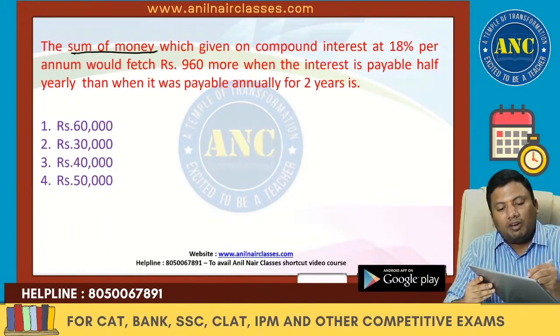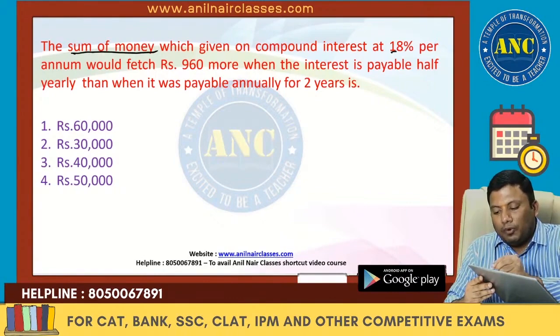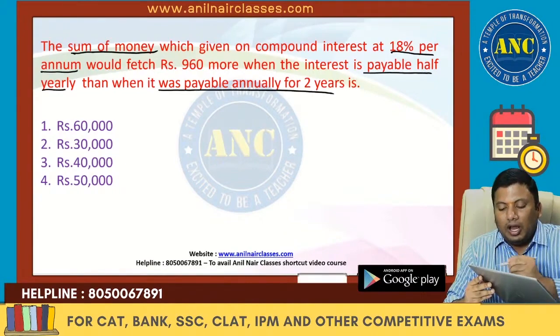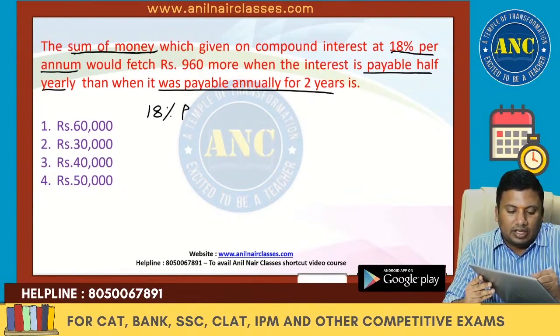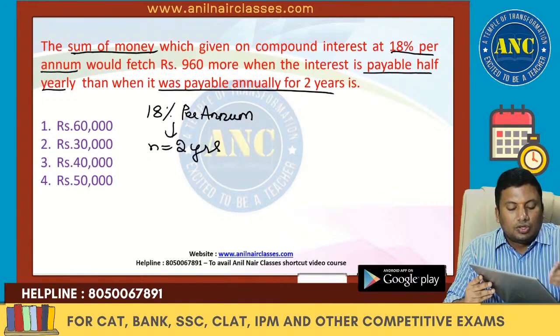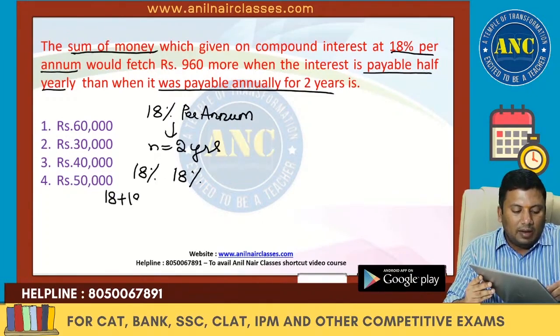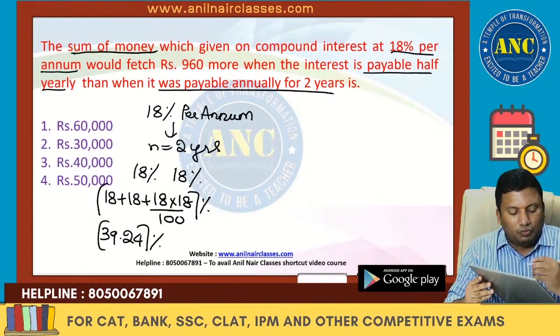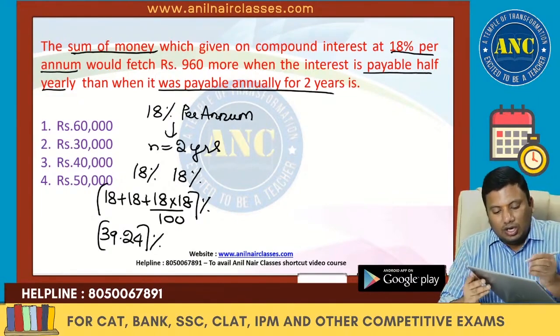Next one. A sum of money is given on compound interest at 18% per annum, payable half yearly, compared with payable annually, for 2 years. 18% per annum for 2 years: A plus B plus A into B divided by 100 gives 39.24%.